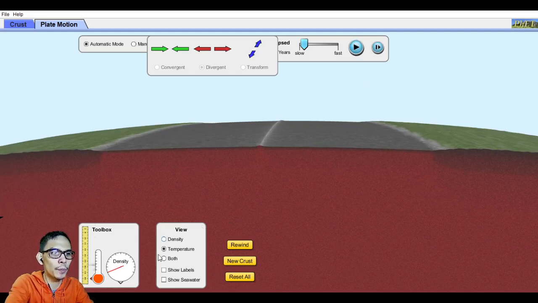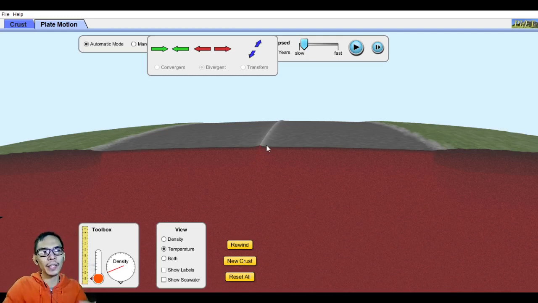In terms of age, younger materials are located at the center, at the spreading ridge or the rift that you have right here, and the ones on the side are older than the one at the center.